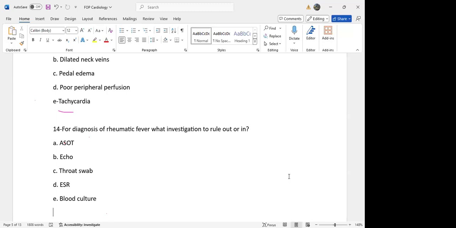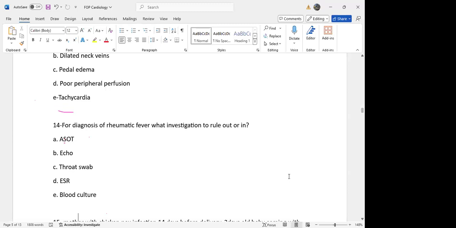The criteria are either two major criteria or one major with two minor, along with supporting evidence of a previous throat infection, established either by a positive throat swab culture or by positive ASOT titers. So ASOT titer is the answer here.